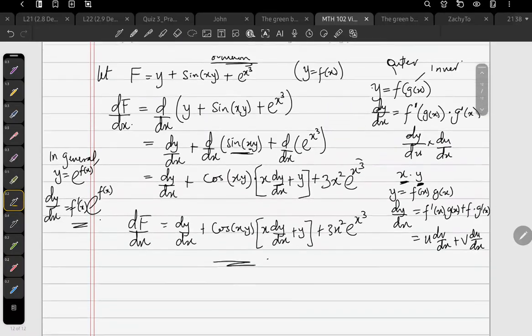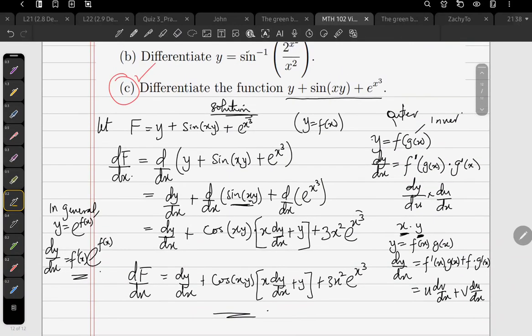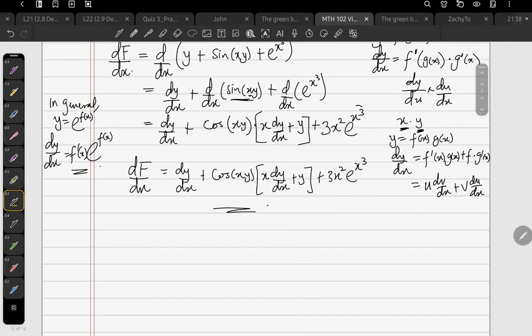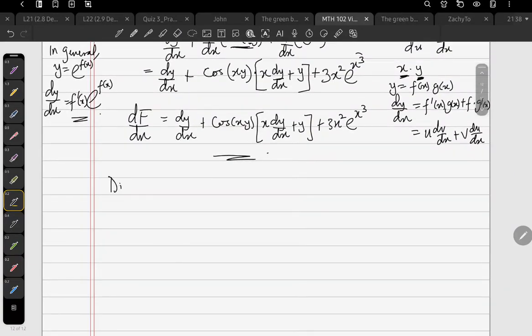Anyway, if the question was given as an equation, then we will be asked to find dy/dx itself. It's different from giving you a function that is not an equation and asking you to find the derivative. So if the question was just differentiate the function sine x squared, there is no dy/dx here because there is no y.